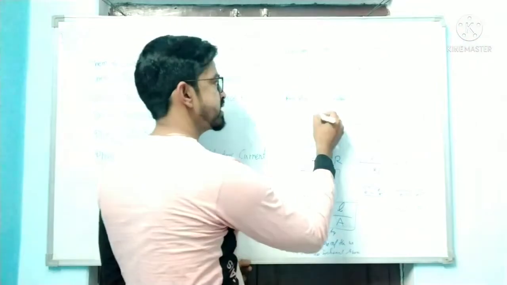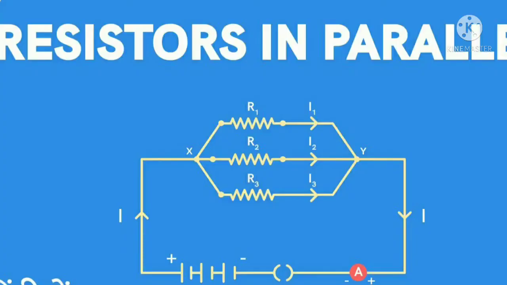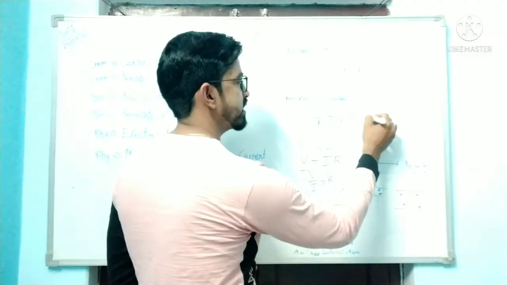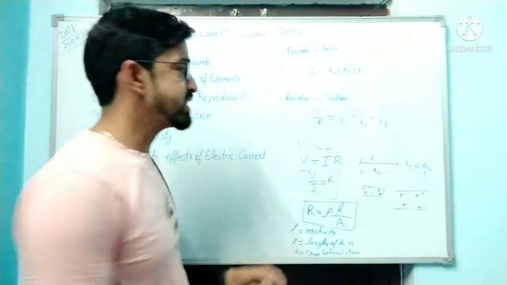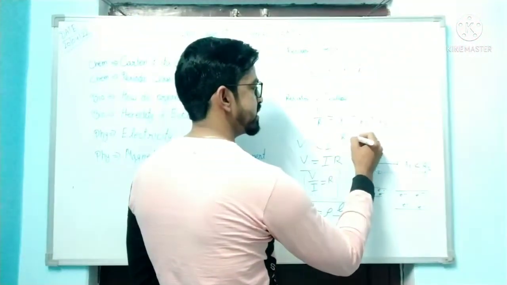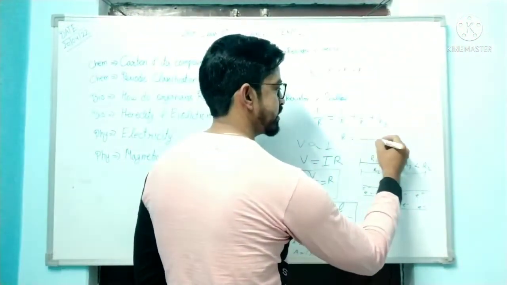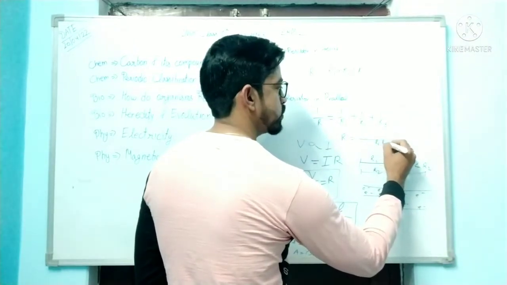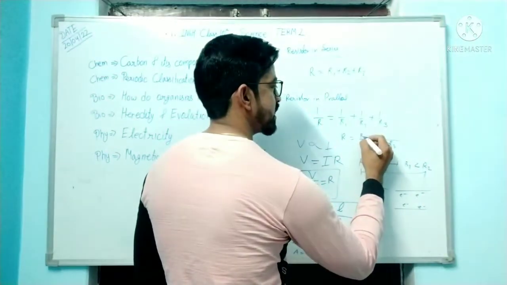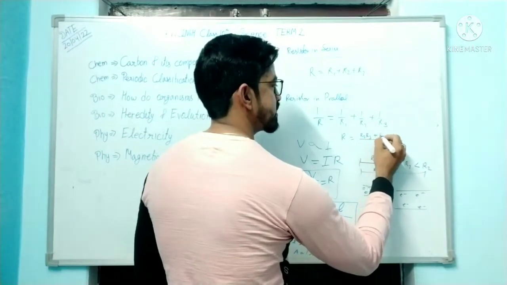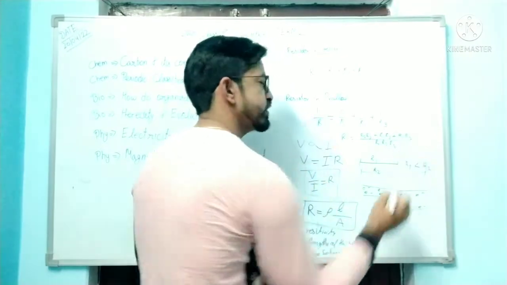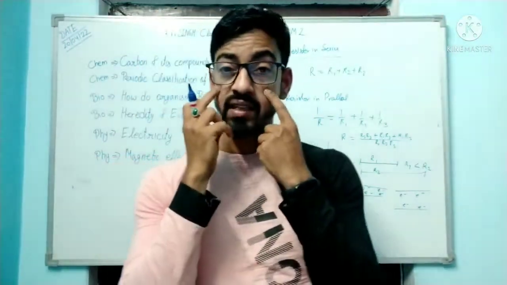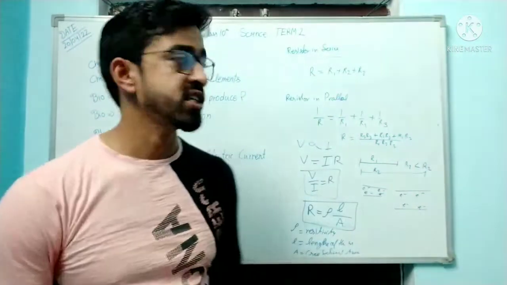But for resistances in parallel, the resultant resistance is given by the sum of the reciprocals of the resistances. So in fact, the resultant resistance is equal to, take the LCM, R1 R2 R3: in this case R2 R3, in this case R1 R3 and R1 R2, which you can understand or solve by the mathematical aspects.